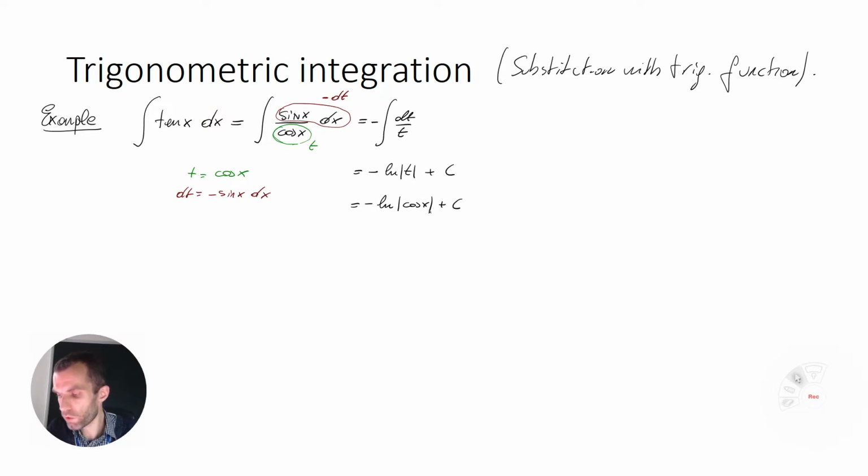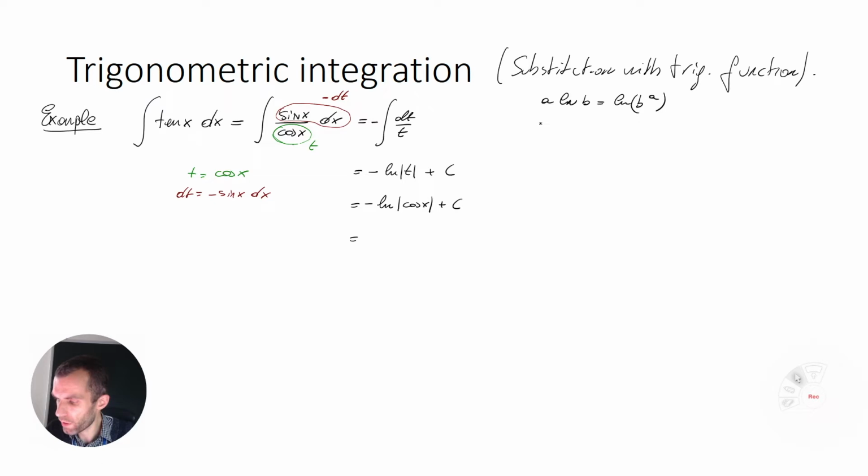And this is good enough as an answer, but we can make it a bit nicer. This minus here, we can bring that into the logarithm, because we know that a times the logarithm of b is the logarithm of b to the power a.